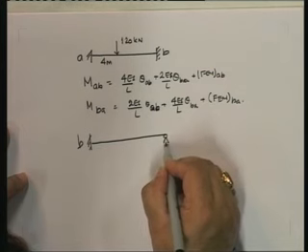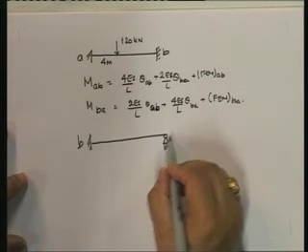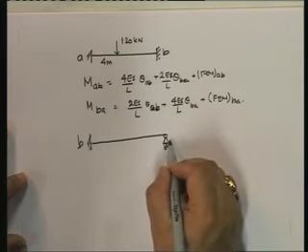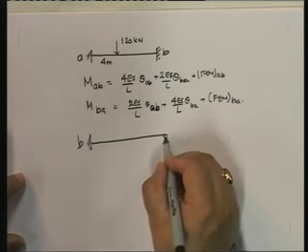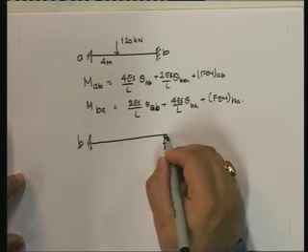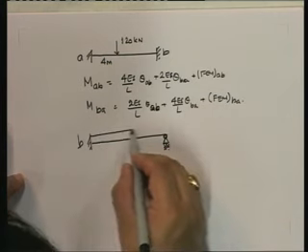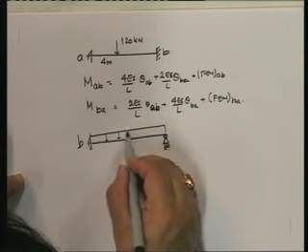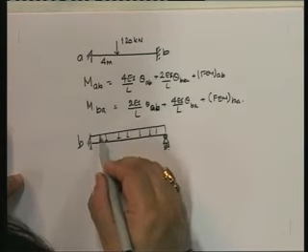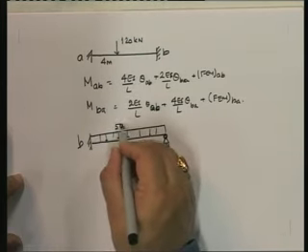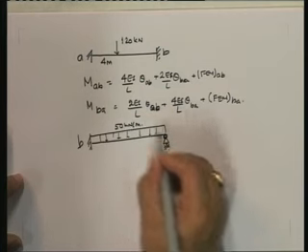B is fixed, but C is the end hinge. Whenever you have an end hinge, you know that the bending moment at that point is equal to 0, and so I'm going to use this, and I have this loading, 50 kilonewton per meter.